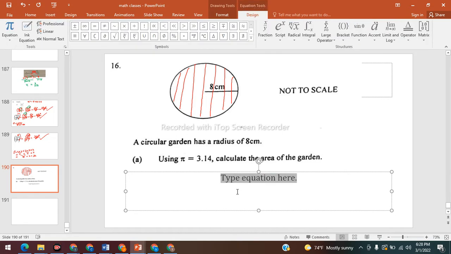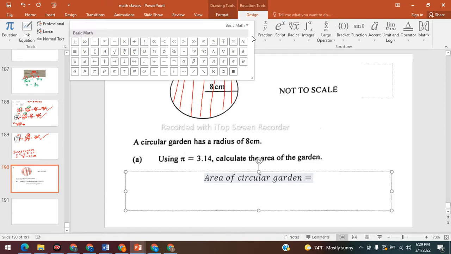So area of circular garden is going to be equal to pi. Where's pi? Where is pi?